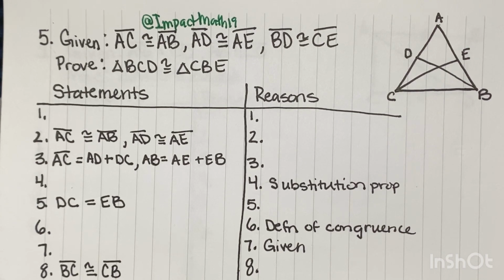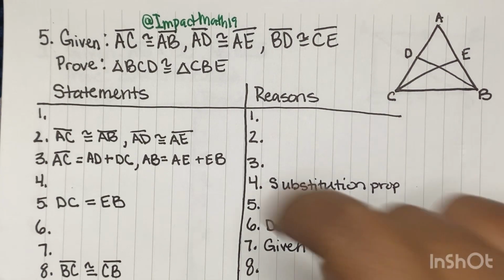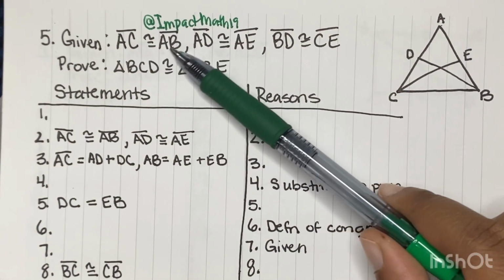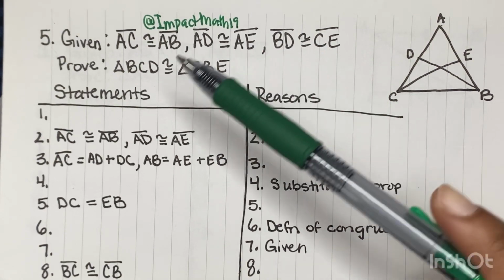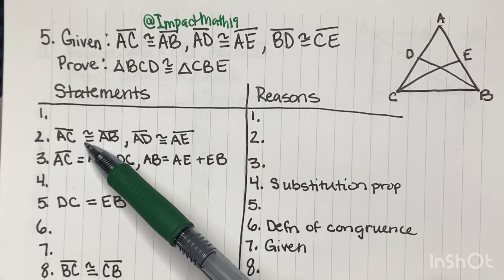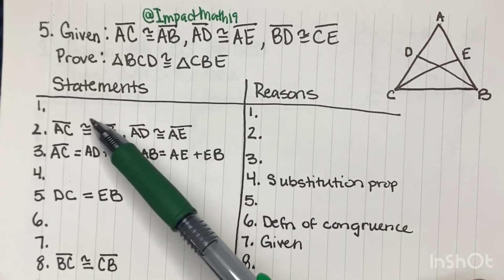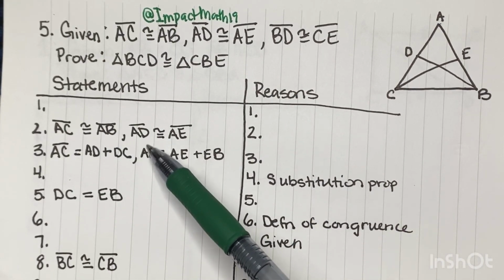So we're going to start with our givens. Remember, your givens are your statements here. So you need to count how many givens you're given: 1, 2, 3. Here we're going to write our first 2 givens, and I know I'm writing these first 2 givens because they have them right here.